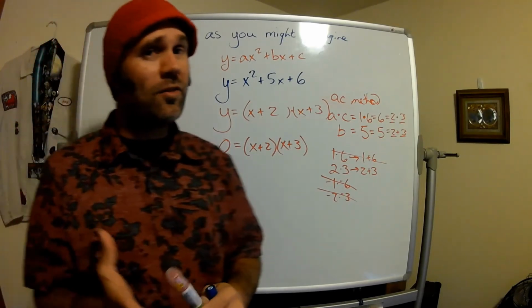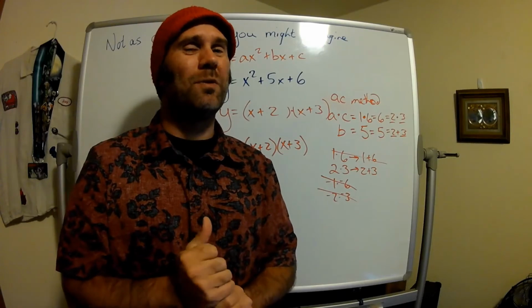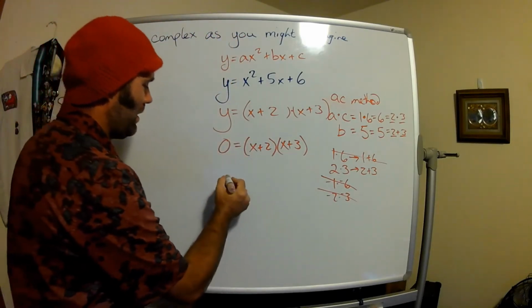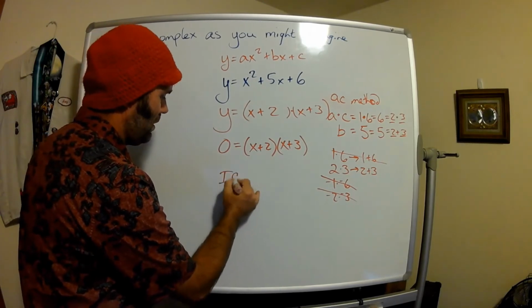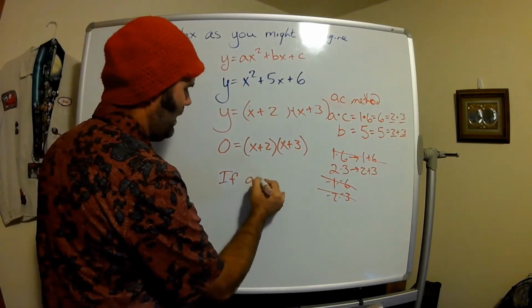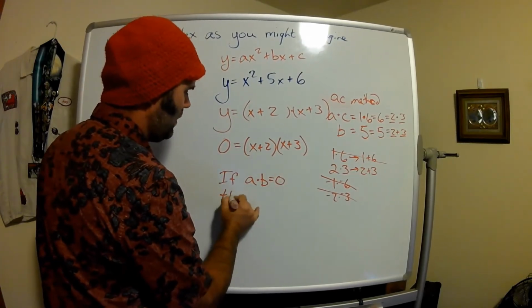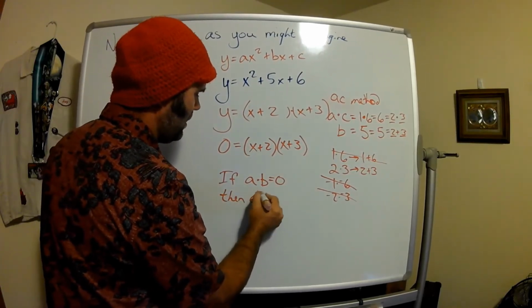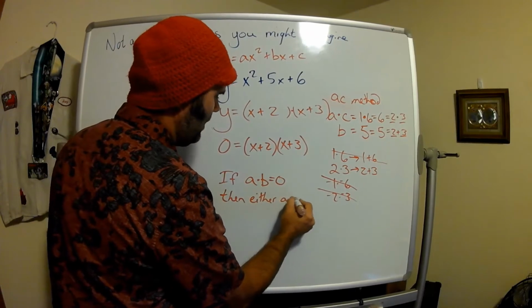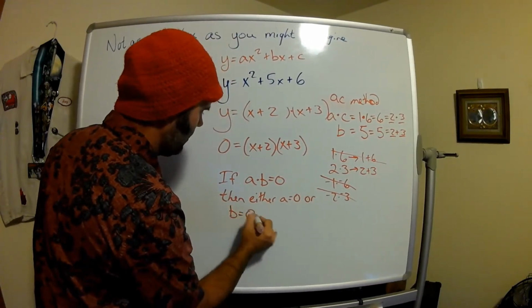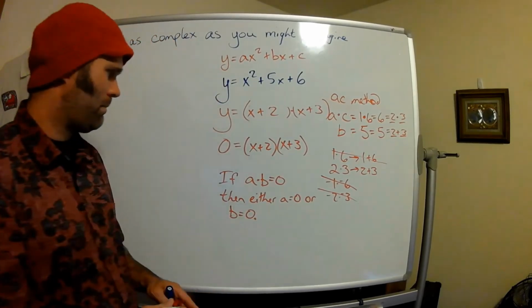And so the next thing that I think we should remember is if a times b equals 0, then either a equals 0 or b equals 0. Okay?